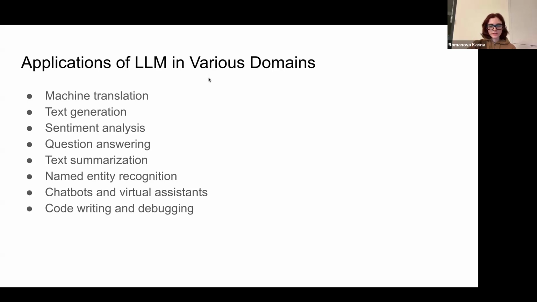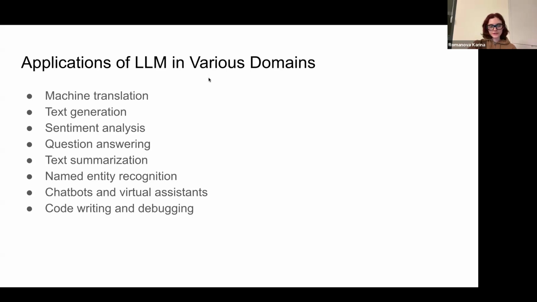So here on this slide, I present that large language models at this moment can solve a lot of tasks at the same time. And this is the key component of the idea of large language models.